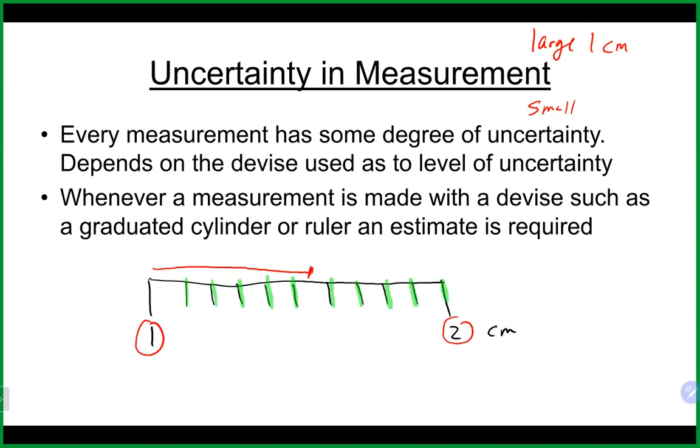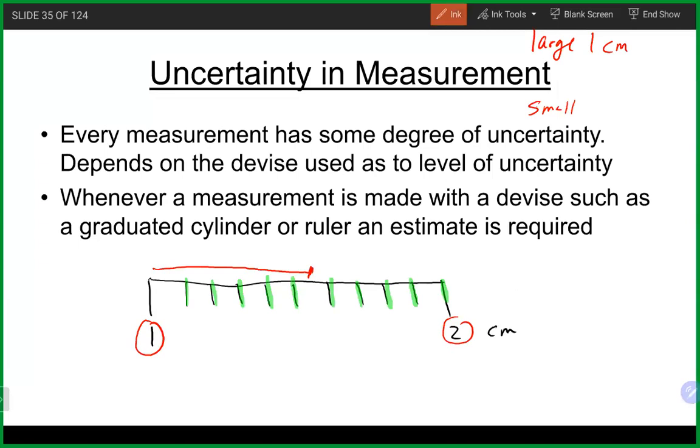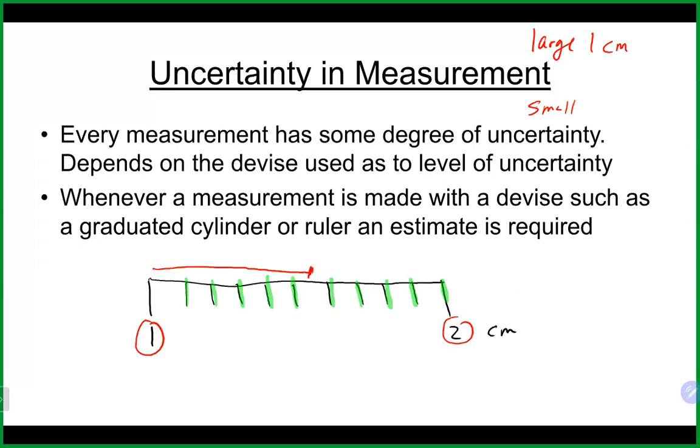So there are 10 markings in between 1 centimeter. That means each of the small markings represents how much? It represents 0.1 of a centimeter. And that would be 1.1, 1.2, 1.3, 1.4, 1.5, 1.6, 1.7, 1.8, 1.9, and 2.